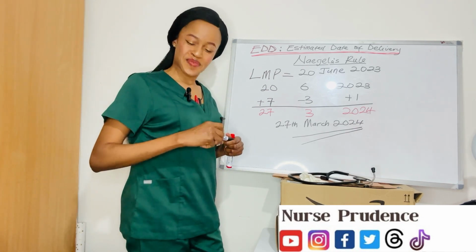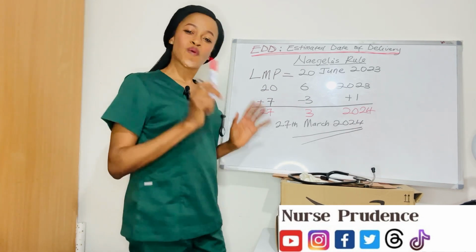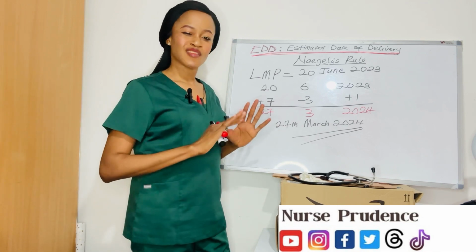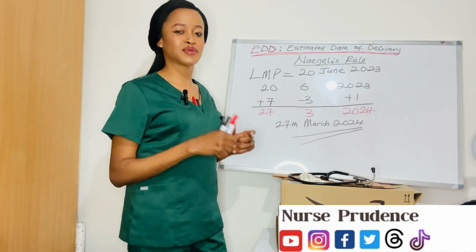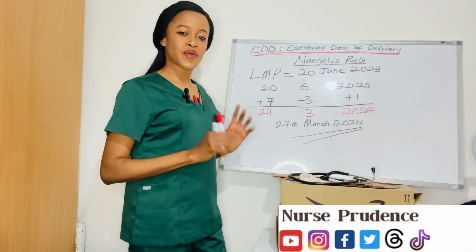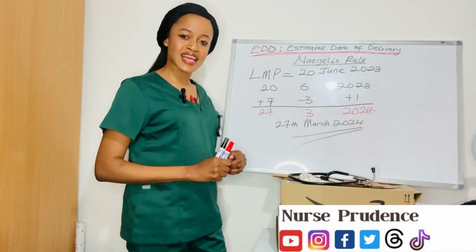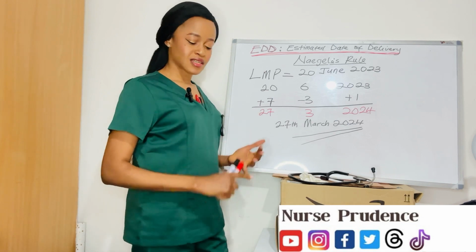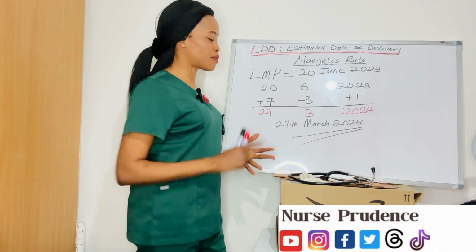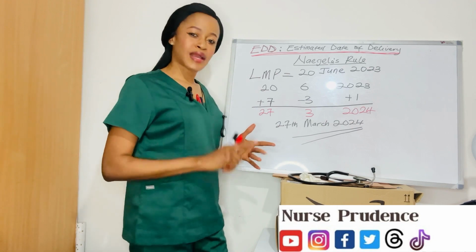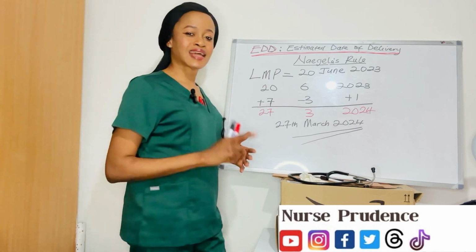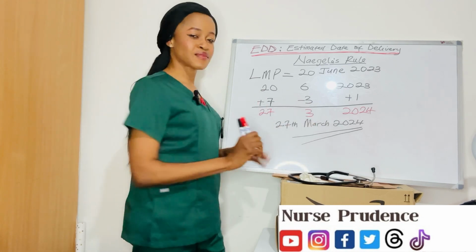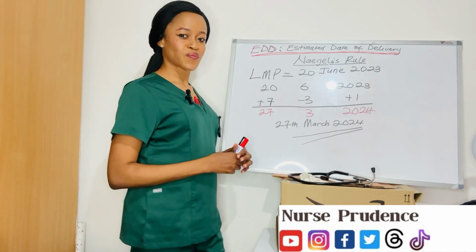This is very simple. Once you know your last menstrual period, that is the only thing you need, and you are good to go. So remember, Nagel's rule said, make use of your last menstrual period, add 7 to the number of days, minus 3 from the month, and add 1 to the year. And that will give you this. Very simple.